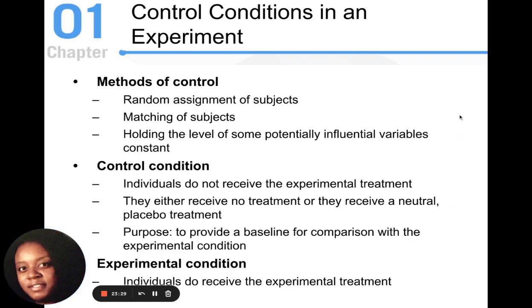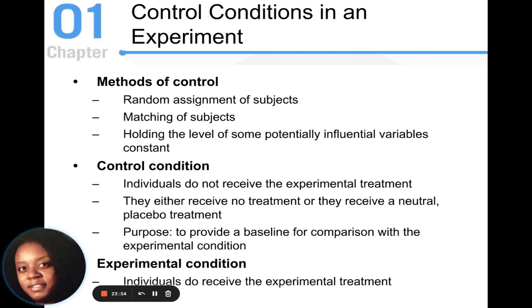So when we are trying to have experimental research, we also have to try to control our research study. Some of the ways we can control the research study is to have random assignment, to match subjects as much as possible, and to hold the level of some potentially influential variables constant.